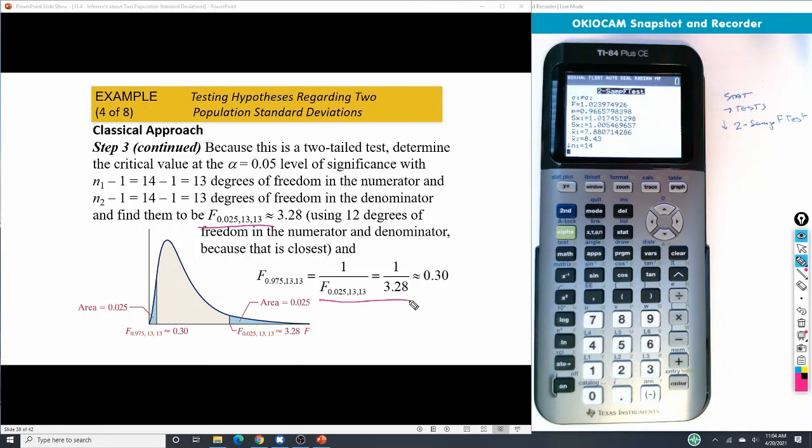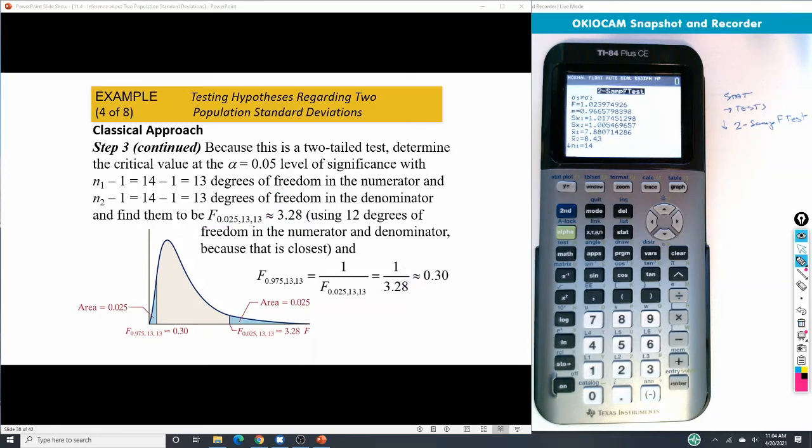You got two pieces, so anytime you're doing two-tailed, we got to look at both of those ends. And so we get our values here of 0.328 and 3.30 as my lower and my upper, being left and right of each one of those.